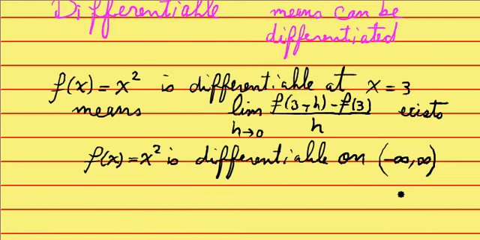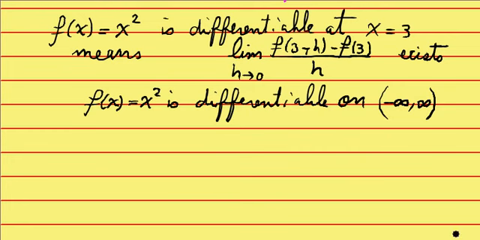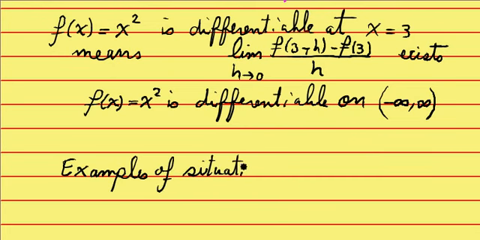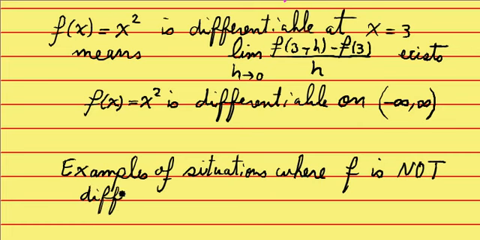Okay, now we are going to go ahead and do what we promised. What if a function fails to be differentiable? So let's pick some examples of situations where f is not differentiable at a point.